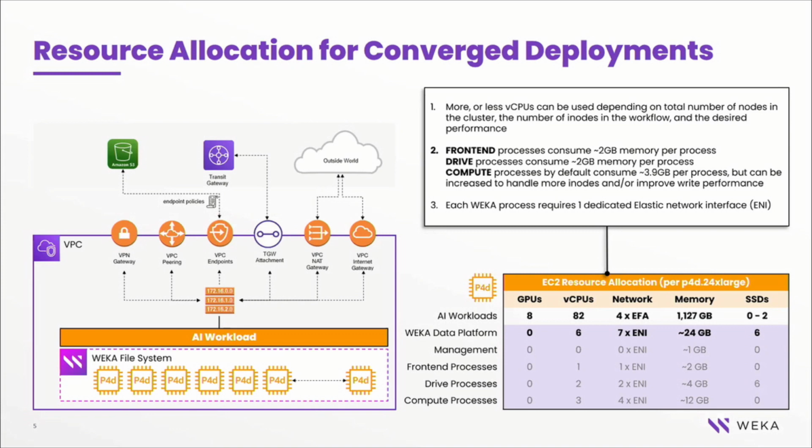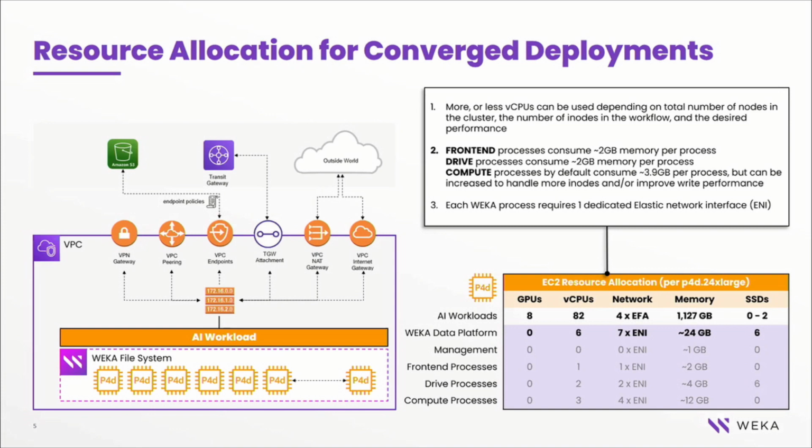Again, this example is a real example that a customer is using. I am not coming up with the numbers. From each one of these instances, and let's say that we use 8, we don't use the GPUs for our software, we leave that to the application.